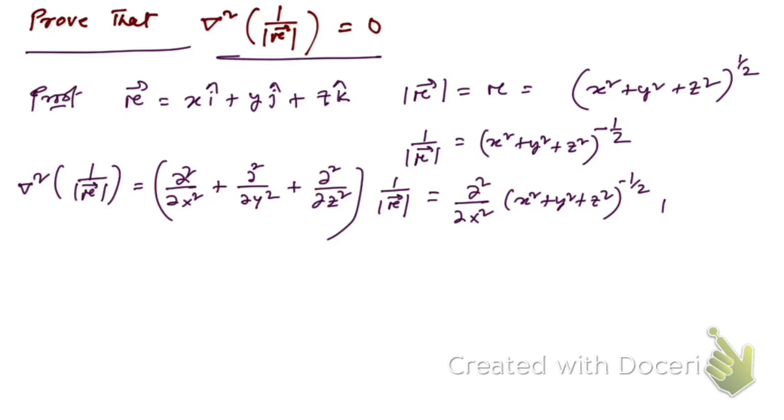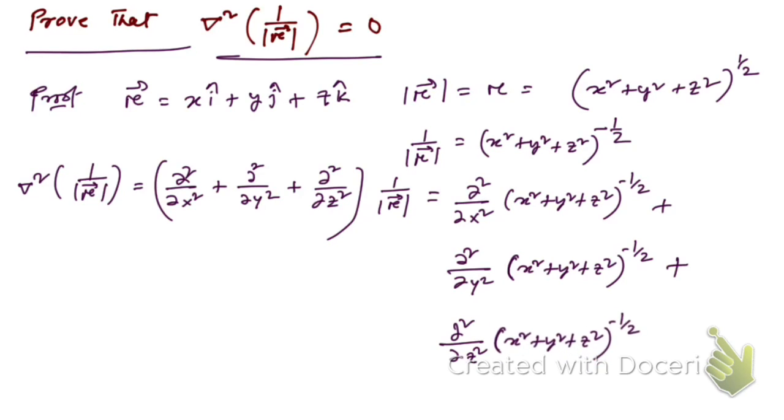Similarly, plus the second order partial derivative with respect to y of the same thing, and plus the second order partial derivative with respect to z of that 1 by mod r. Okay, so this is nothing but 1 by mod r, right? Hope you have understood this.